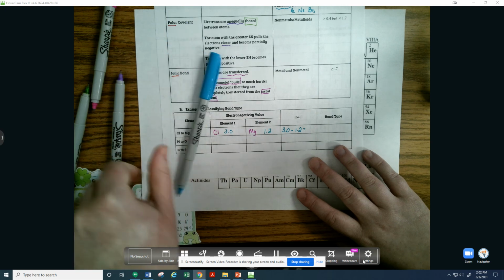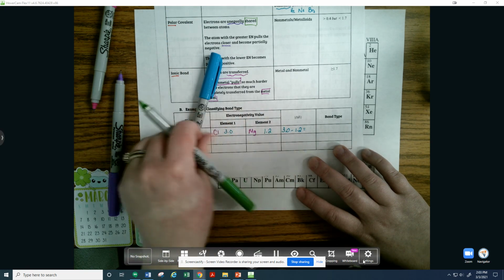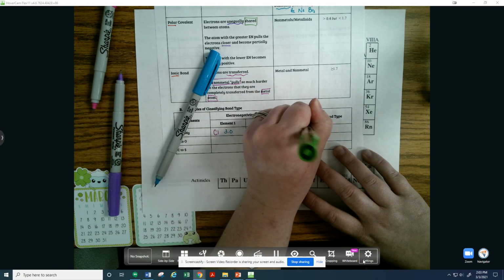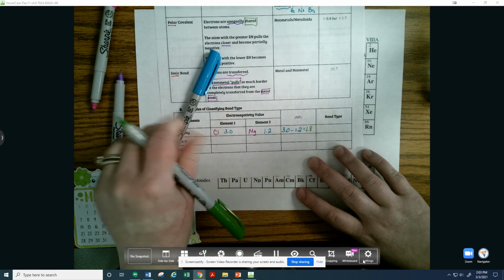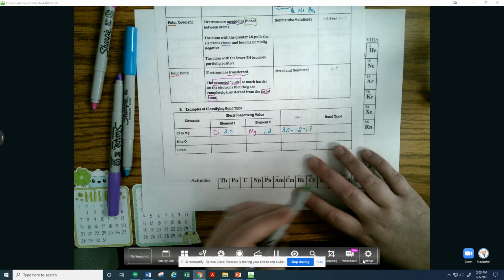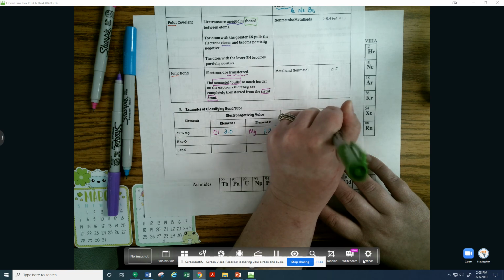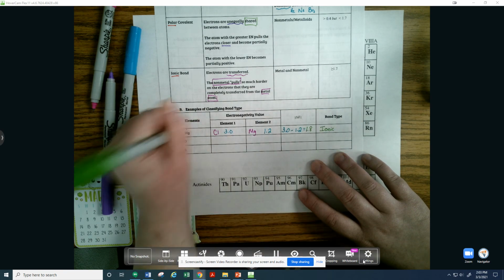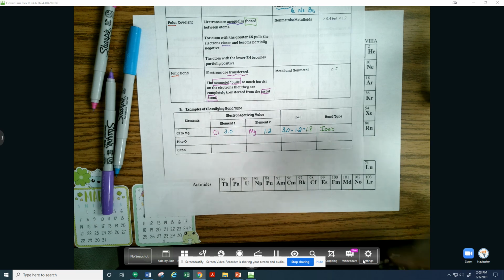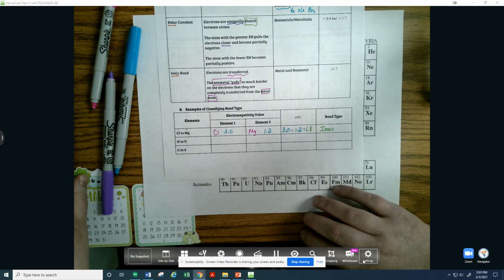And when you do that, you get a difference of, let's see, looks like 1.8. So because we have a difference here that's greater than 1.7, this means it's an ionic bond, specifically between these two elements because of the difference in electronegativity. So magnesium is just going to give up its electrons altogether.